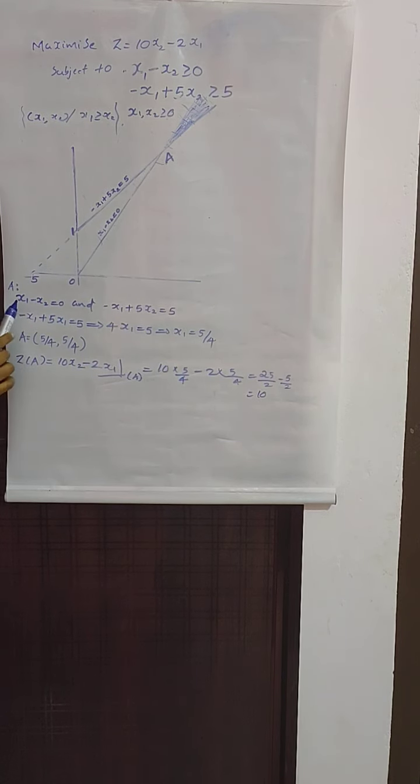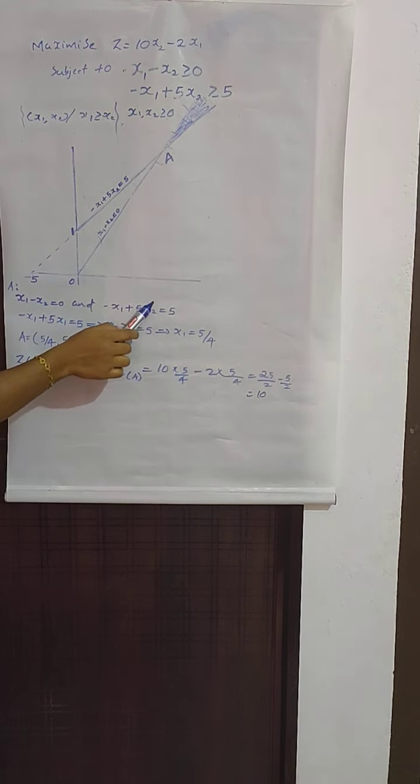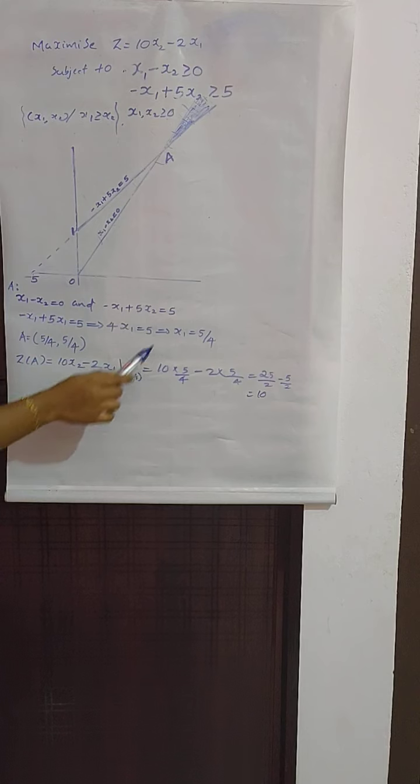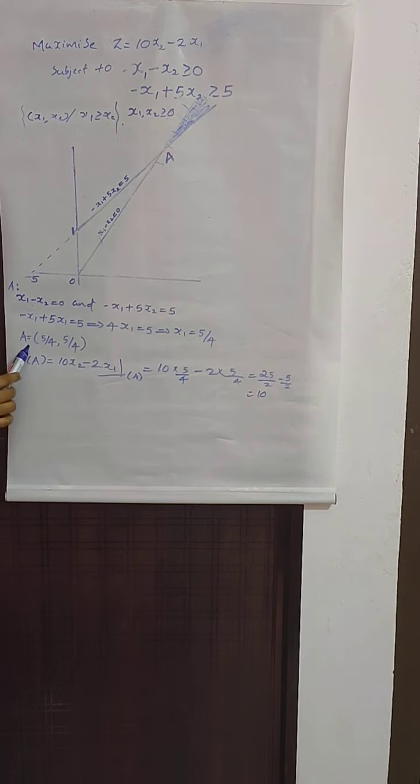From this we get x1 equal to x2, and we put x1 equal to x2 into this equation, and we get minus x1 plus 5x1 equal to 5, 4x1 equal to 5, and x1 equal to 5 by 4. Since x1 equal to x2, we get x2 equal to 5 by 4 also. So we get a equal to 5 by 4, comma 5 by 4.